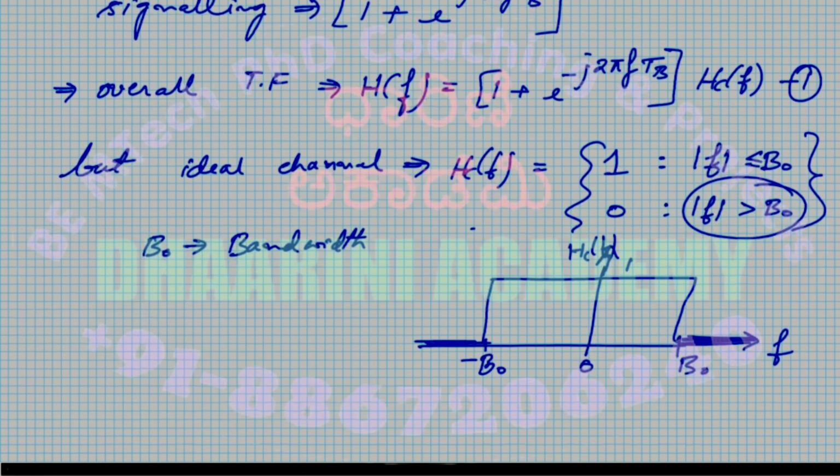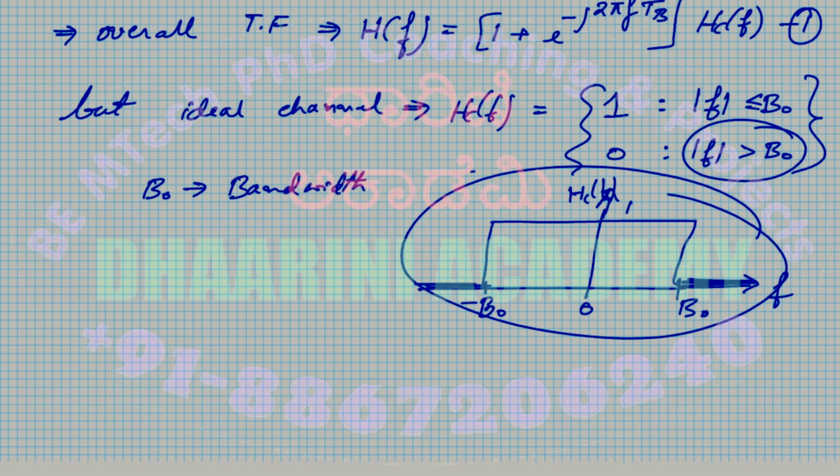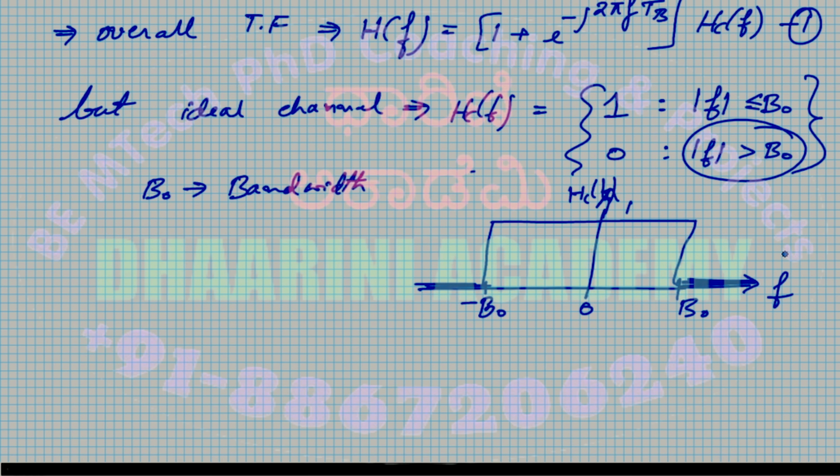But now we try to substitute the various values known to us. The ideal channel has the following frequency response that you can see on this graph. Whenever the frequency is between minus B naught to plus B naught, it is 1, otherwise it is 0. So this you can substitute in the H of f part.